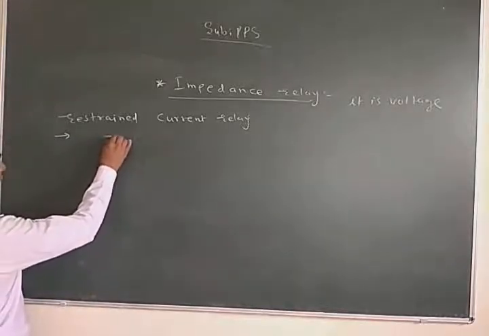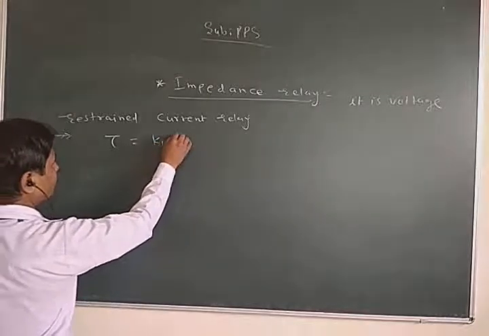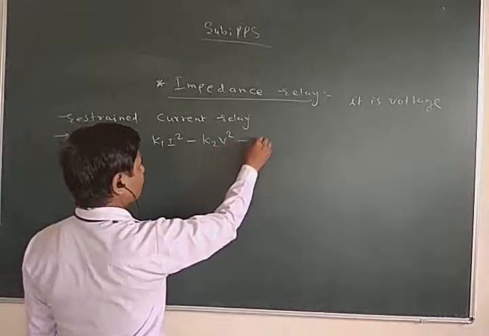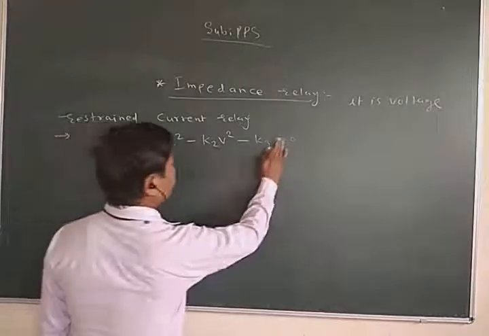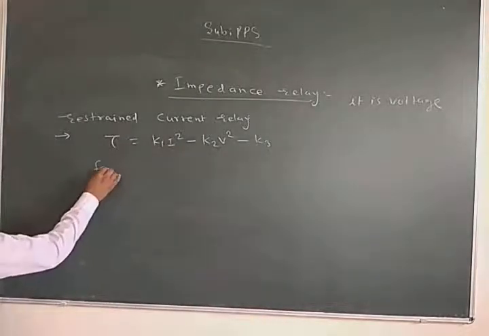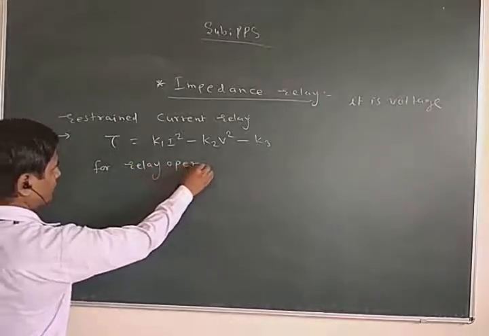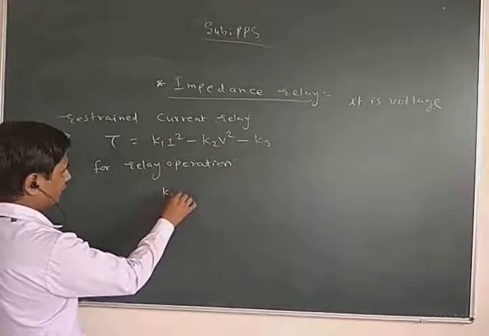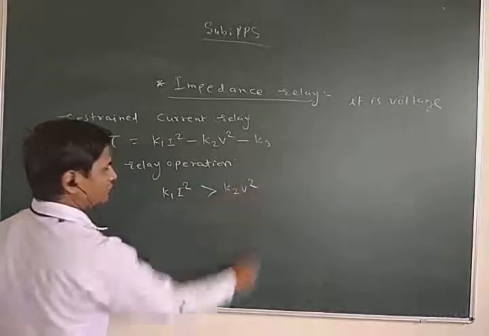Now from the universal torque equation, T is equal to K1 I square minus K2 V square minus K3 equal to 0. For relay operation, K1 I square should be greater than K2 V square.